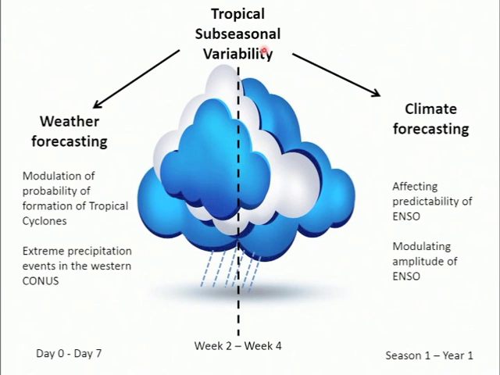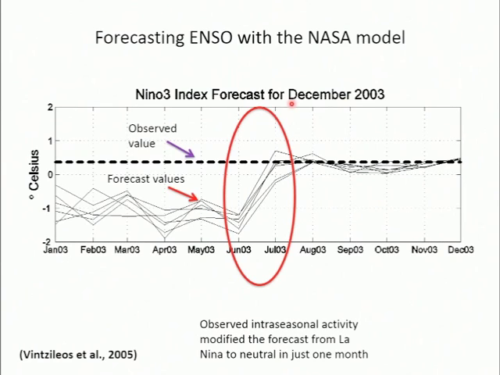On the other side of the spectrum, on climate forecasting, subseasonal variability is affecting the predictability of ENSO, and I will be giving 2 examples in the next 2 slides on this effect. First of all, here I'm showing the forecast made with the NASA model for the NINO3 index targeting December 2003.